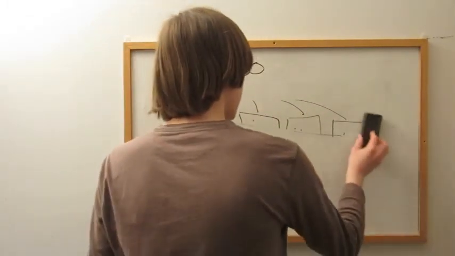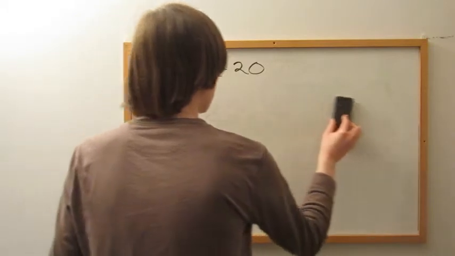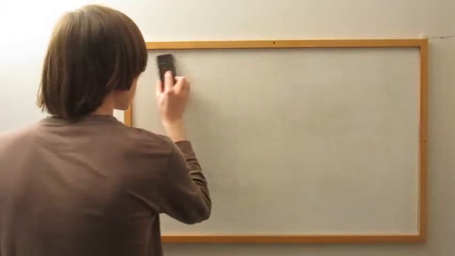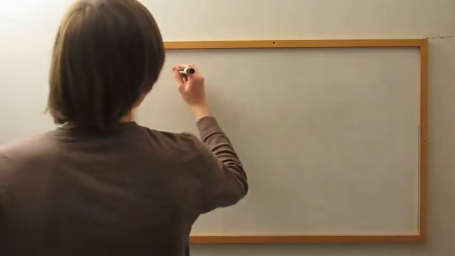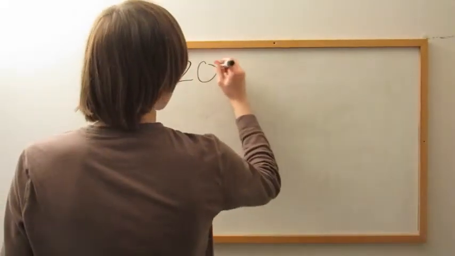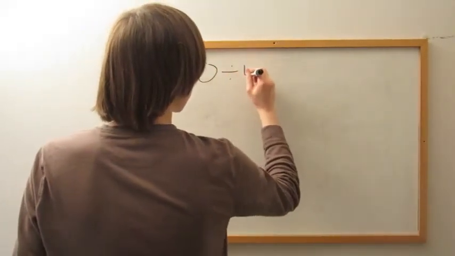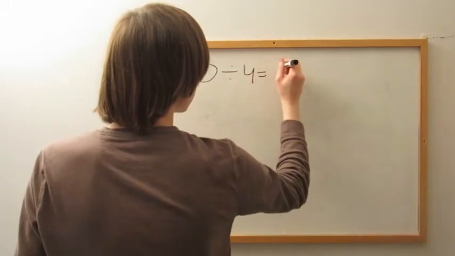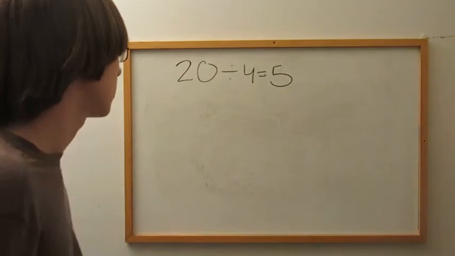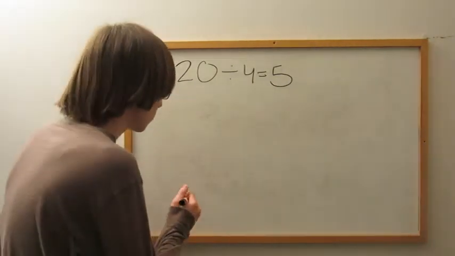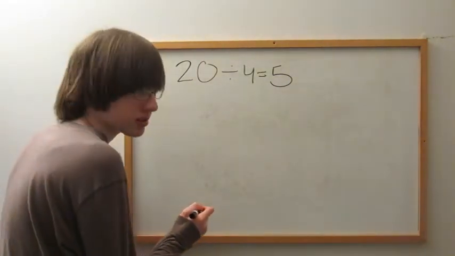So just like we had addition, and then that was followed by subtraction, the next thing we're going to get into is division. 20 divided by 4 is equal to 5. So we have 20 or something. How am I going to draw this funny thing?